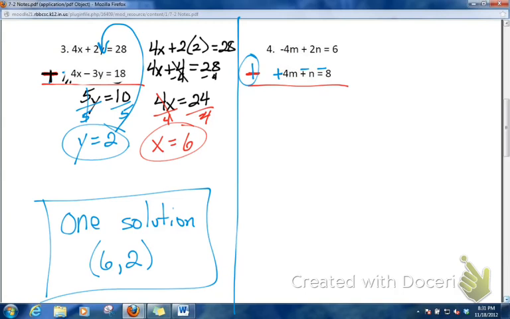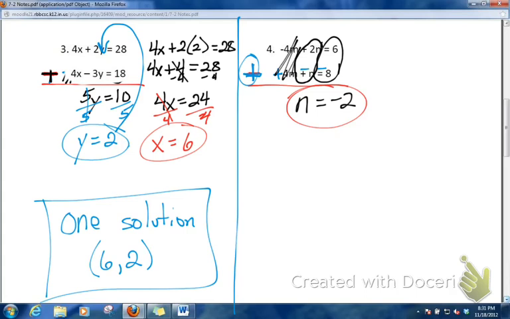So I made this a plus problem, and then I changed each of these signs. So now I can subtract. Negative 4m, positive 4m cancels out. That's my 0. You then have 2n minus n, which is just 1n, equals 6 minus 8, negative 2. Alright, that was easy. Done already. N equals negative 2 is the first answer.